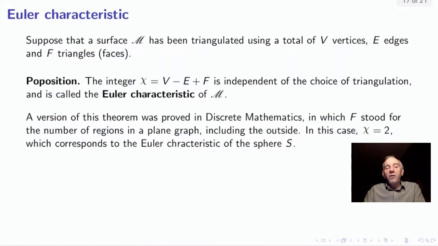And in fact, what's going on there is that a graph in the plane is really the same thing as a graph on the two-sphere, because we can always add a point and get the two-sphere. You can think of the plane as homeomorphic to the two-sphere minus a point. And the Euler characteristic of the two-sphere is 2, so that's why we always get this answer 2 for a planar graph. And we sort of proved by induction that this number is always equal to 2 and doesn't change when you add edges and so on.